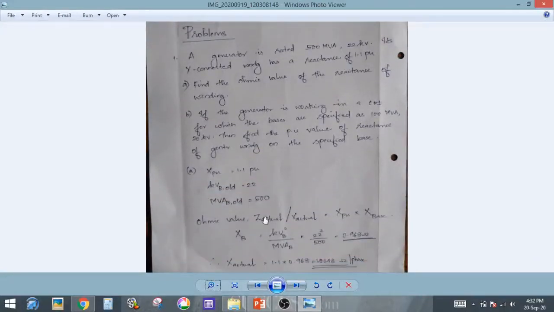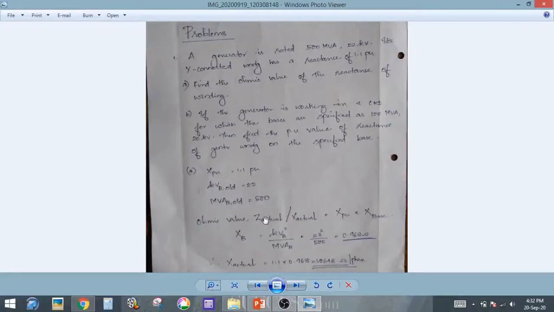So X_PU is taken as 1.1 per unit, KV_B old 22, base MVA old equal to 500. We can calculate X_B as base KV square divided by base MVA, that is 22 square divided by 500, which is equal to 0.968 ohm.